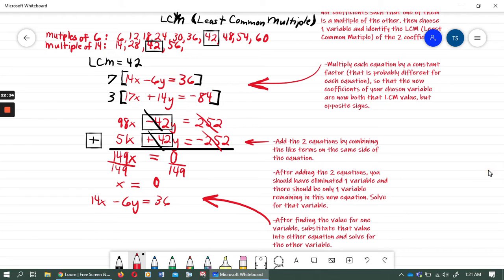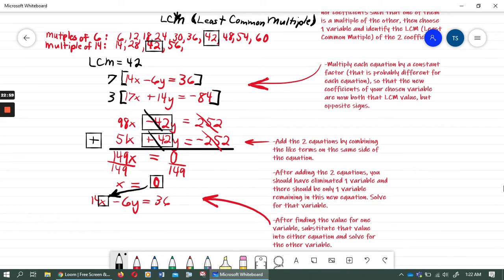So, again, guys, we want to go ahead on and substitute that value. So, 0. We want to substitute that value in here for x. All right. So, we want to plug that in right there for x.